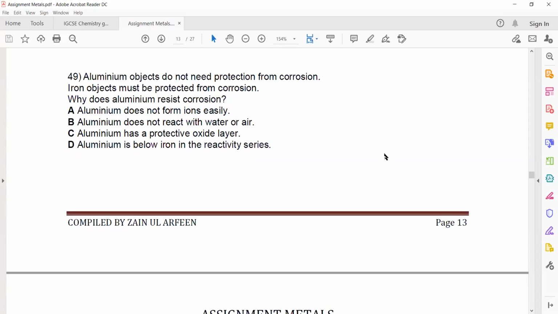Aluminium objects do not need protection from corrosion. We don't have to paint them, put on grease or do any electroplating. Iron objects must be protected from corrosion. Why does aluminium resist corrosion?